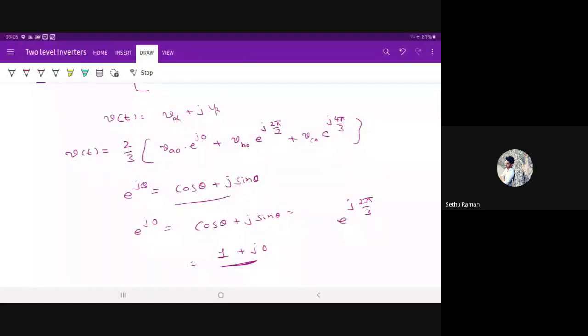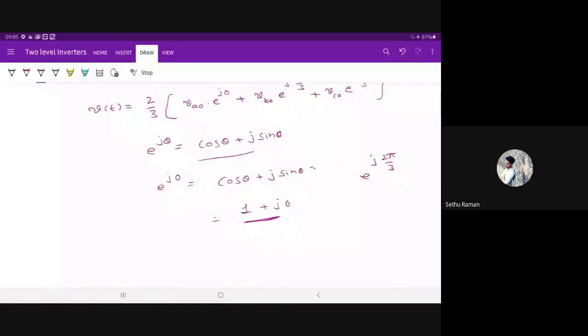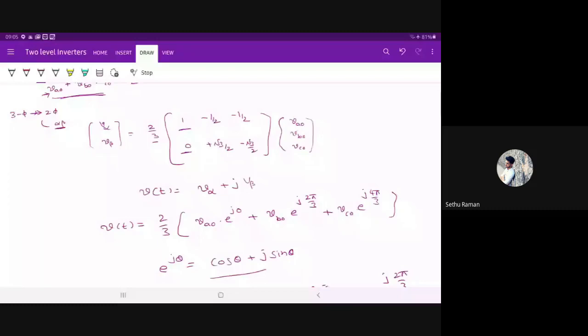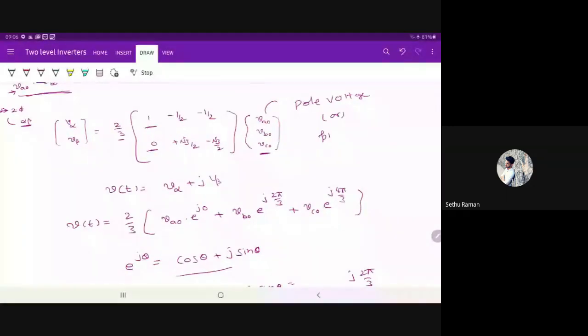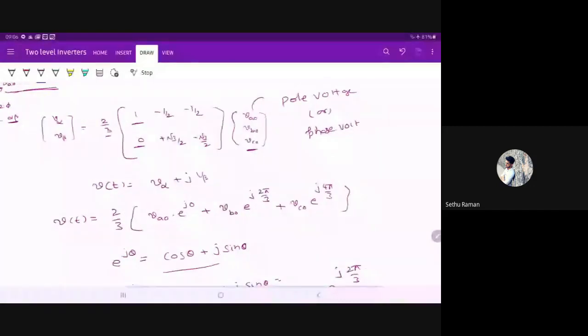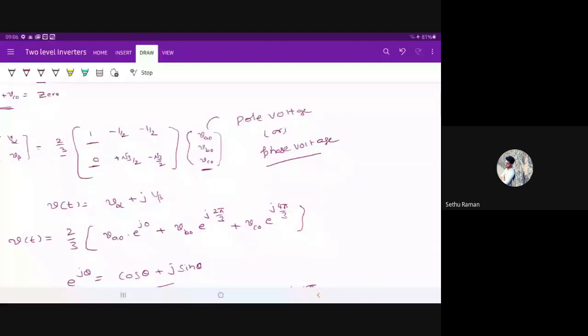So remember this VS0, VB0 may be pole voltages or they may be phase voltages. So whatever analysis we do remains the same, because the difference of two pole voltages, or two phase voltages, or two terminal voltages gives you the line voltage.